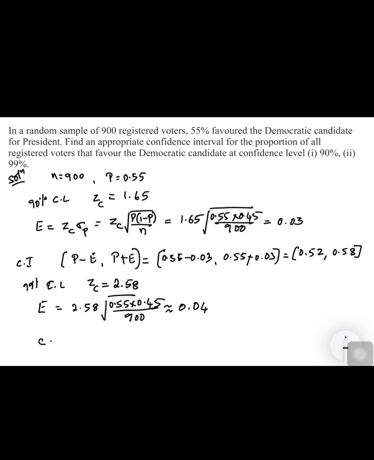So the confidence interval would be P, which is 0.55 minus E, which is 0.04 comma 0.55 plus 0.04, which gives us the interval to be equal to 0.51, 0.59.